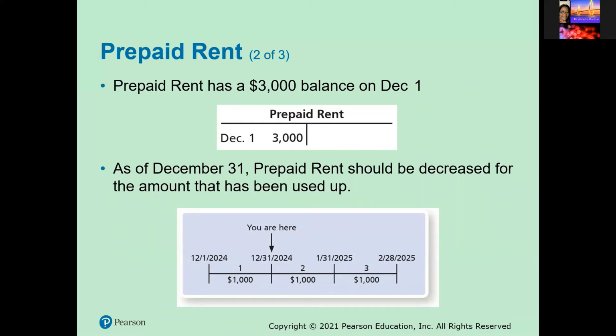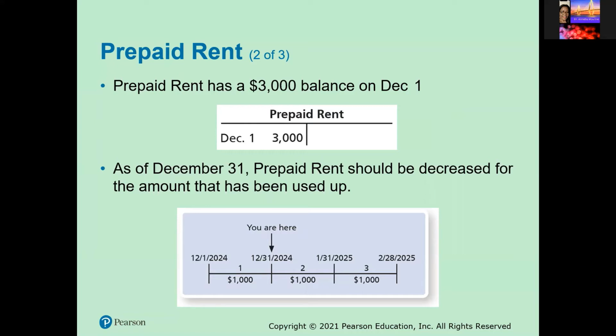As of December 31st, prepaid rent should be decreased for the amount that has been used up. The used up portion is 1 month of the 3 months prepaid, or you can say 1/3 of the prepayment. So prepaid rent has a $3,000 balance on December 1st.